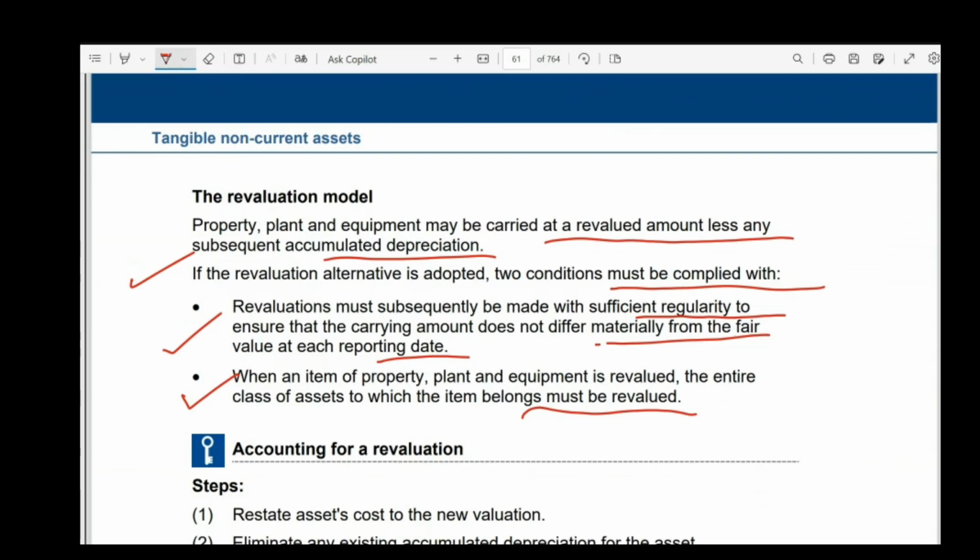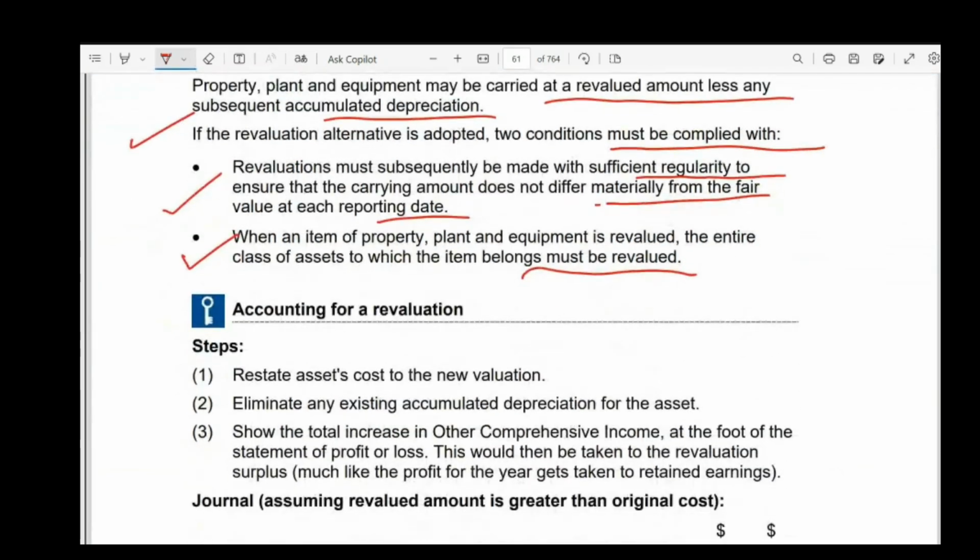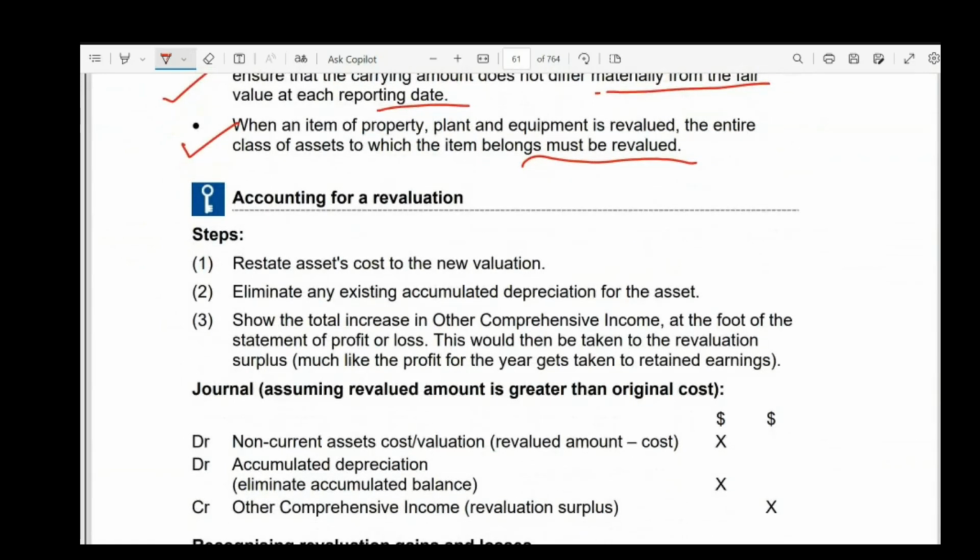It must be applicable to the whole asset class. If one asset is increasing and you apply a revaluation model, while some other component in the factory is decreasing, you cannot ignore or remove it. It will be applicable to the whole class of assets.